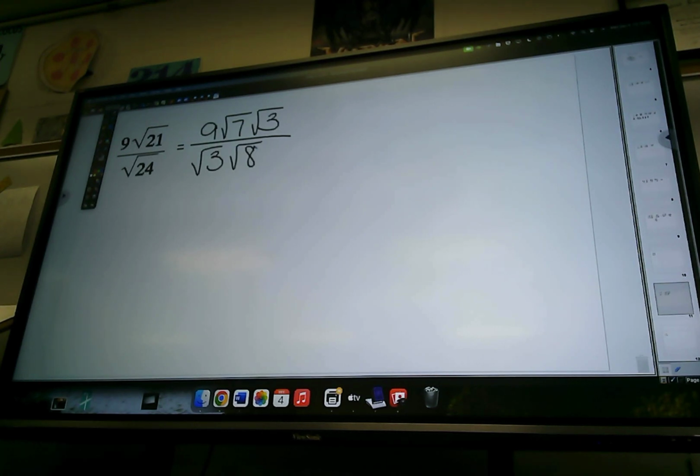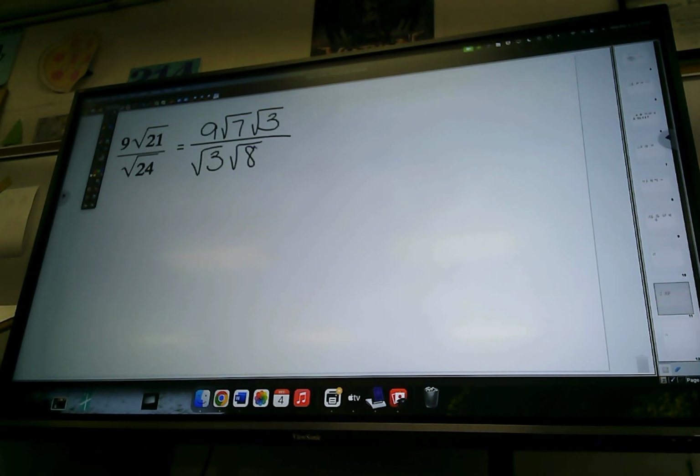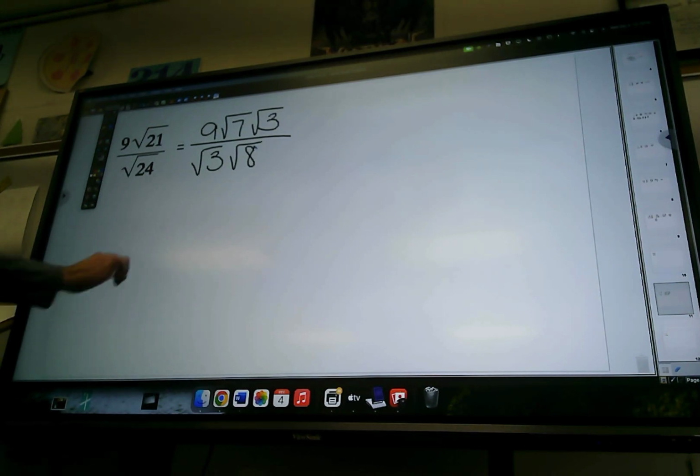Trying to make my life easier, okay? So do you see how I broke it down into the 9, I kept it on the outside of a radical. The square root of 21, I broke it down into square root of 7, square root of 3. I did that specifically because I knew that there was a common factor of the square root of 3 in those radicals, right? So do you see how I can cancel those out?